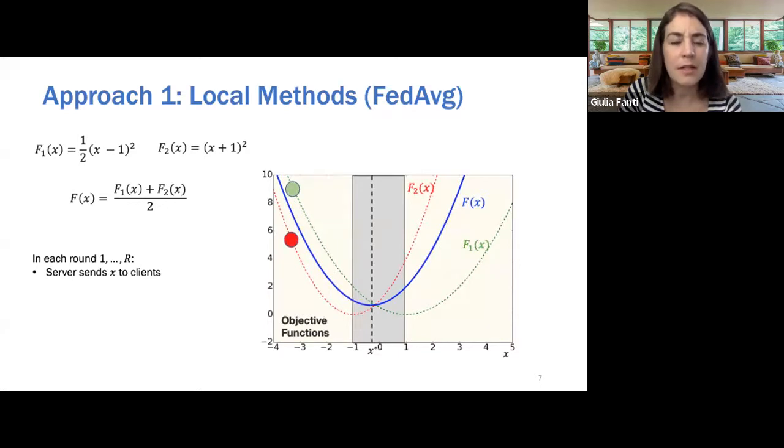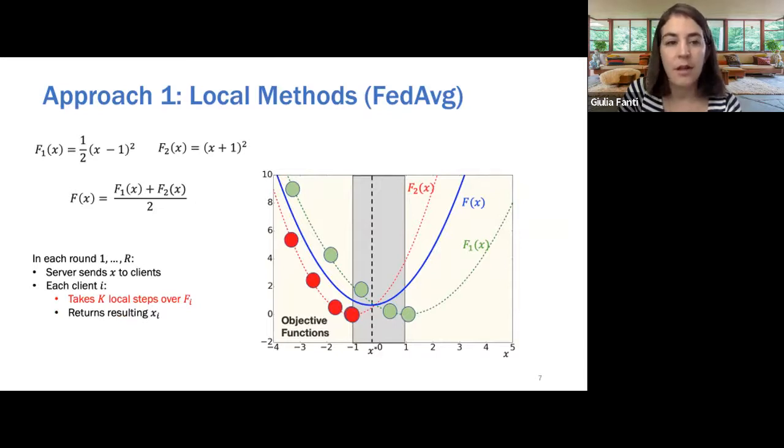Each of these clients is going to take some number of local steps on their local objectives before communicating. So here we'll take 1, 2, 3, 4 local steps, and then we'll return the resulting xi to the central server. The central server will aggregate these local iterates, and then we'll resume this loop.